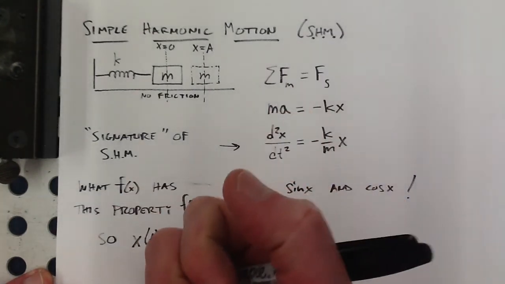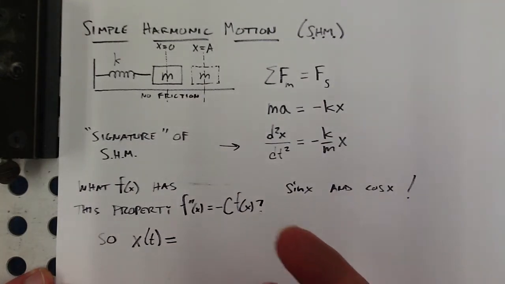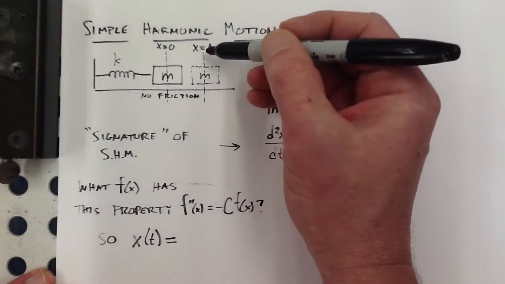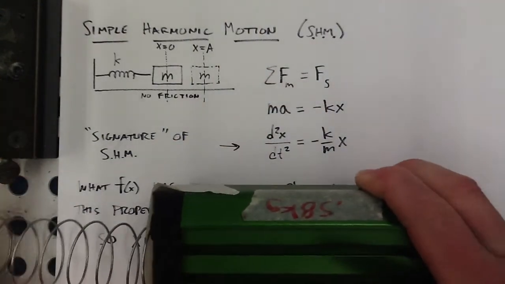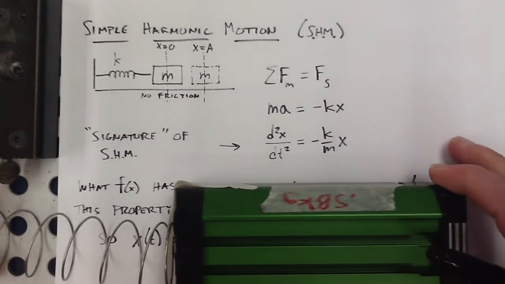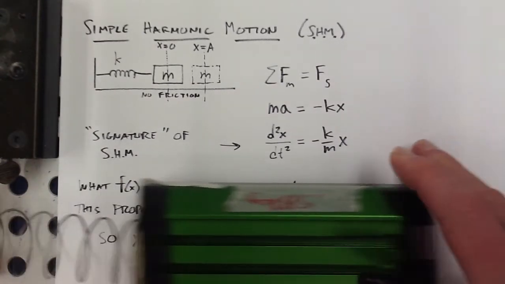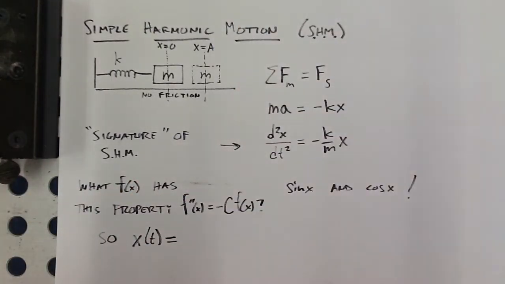It all just depends on when you start keeping track of time. But it makes sense to me, and we're going to use most of the time, that at that instant when we're paying attention and starting the timer, this thing has been pulled off to the side and we're like, ready, go. So that at time 0, it's at maximum position.